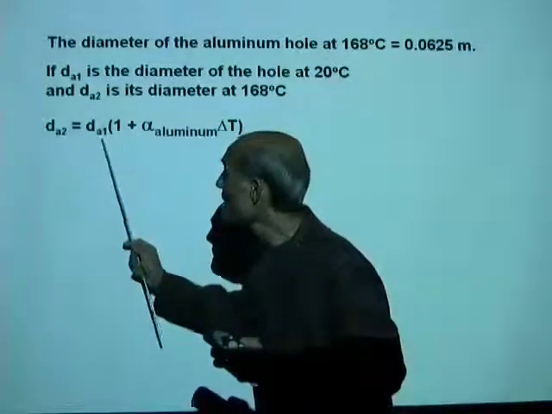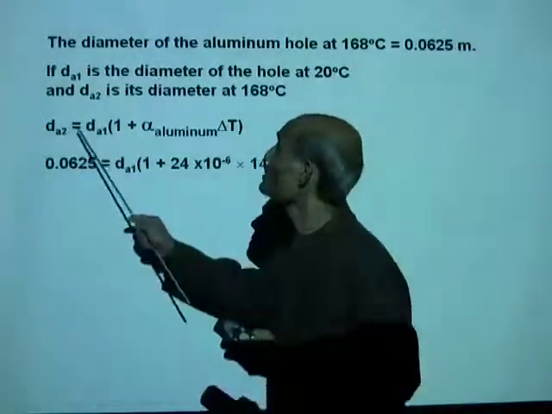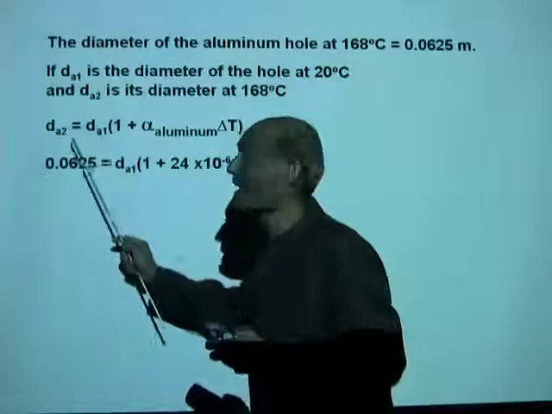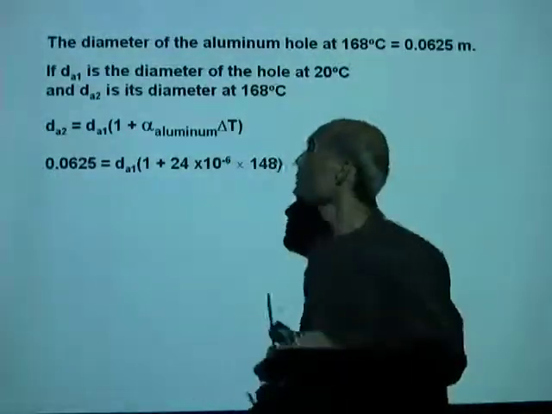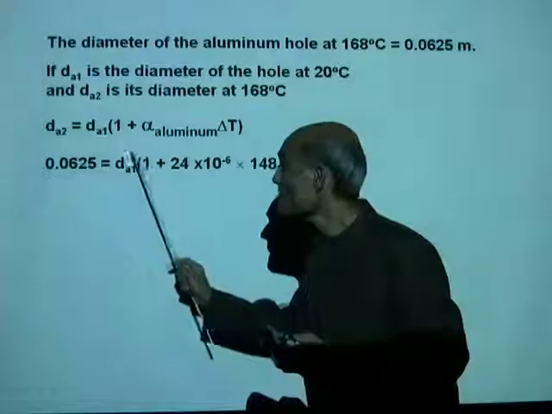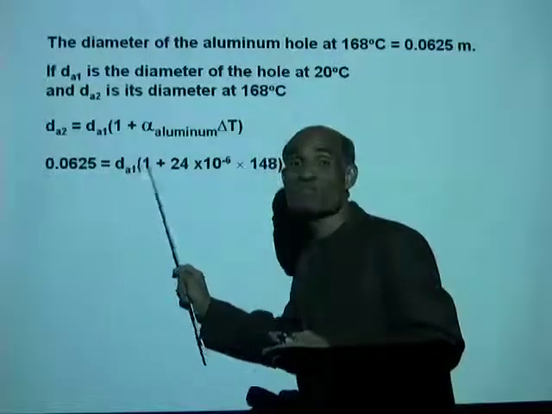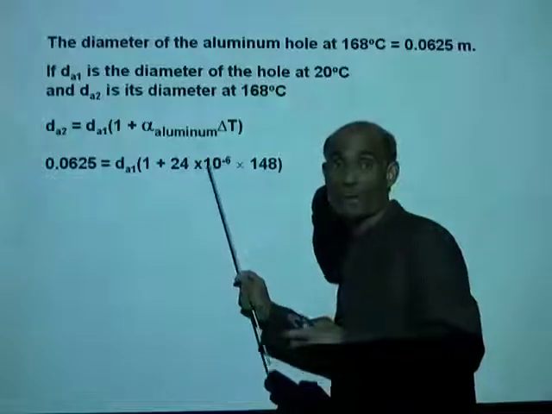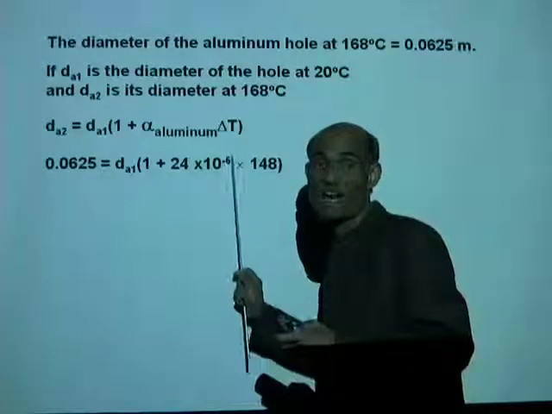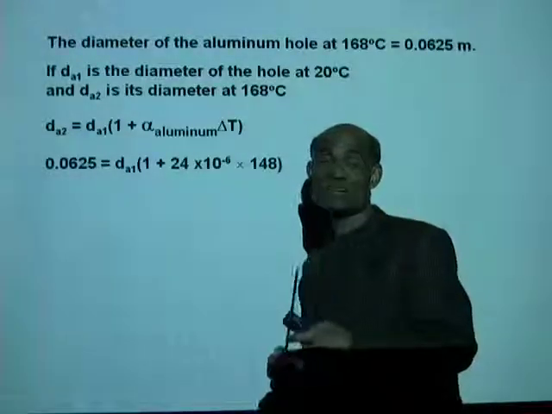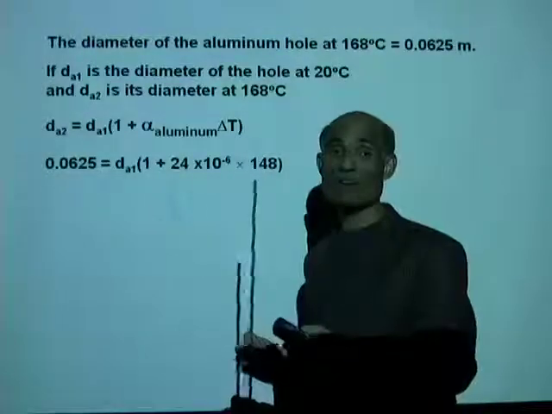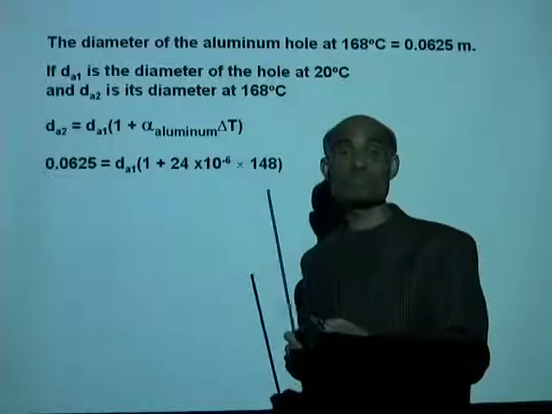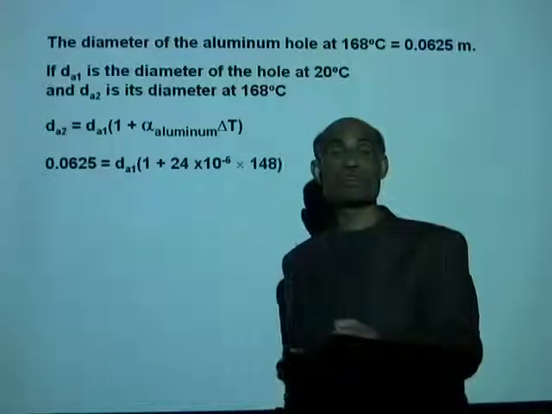We need to find dA1, so let's put down all the values. dA2 we know is 0.0625 meter. dA1 we need to find. The alpha for aluminum is 24 times 10 to the negative 6 per Kelvin, and the change in temperature is 148 Kelvin.